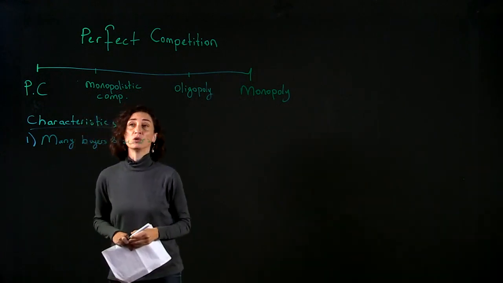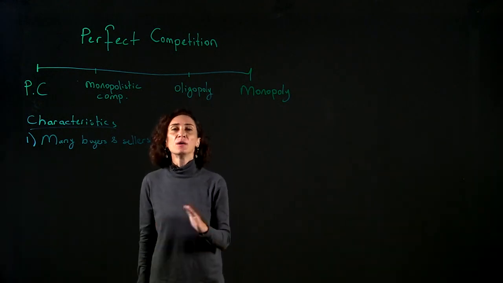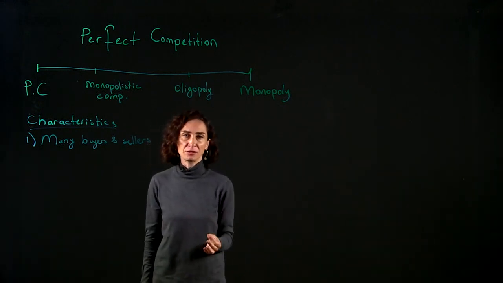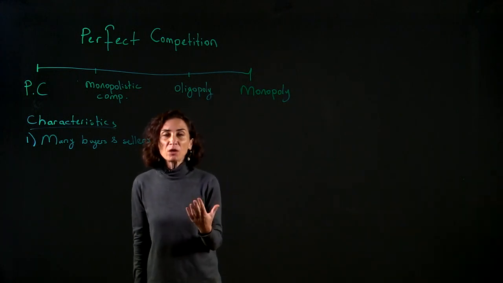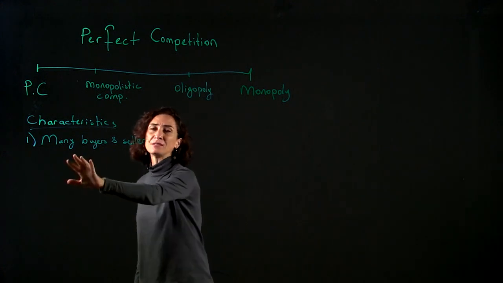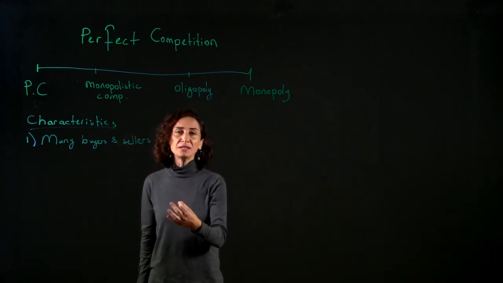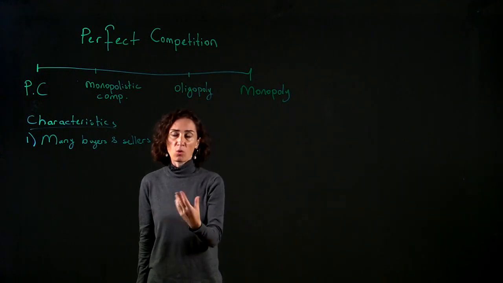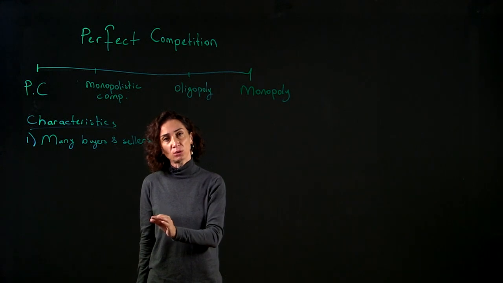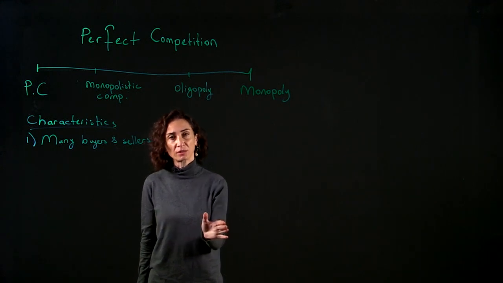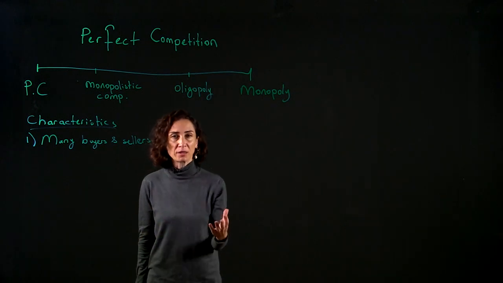Okay, so in perfectly competitive markets, we have many buyers and sellers, okay? And with so many sellers, we also imply, I didn't write it here, but it is also important to remember, each seller or buyer is relatively small to the size of the market, okay? They are small in the whole market.